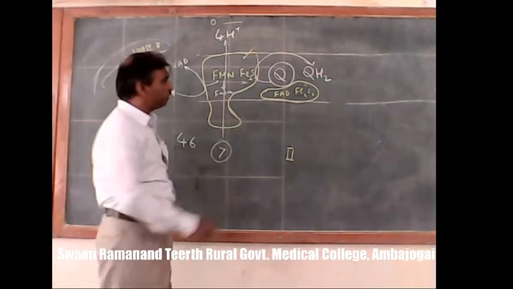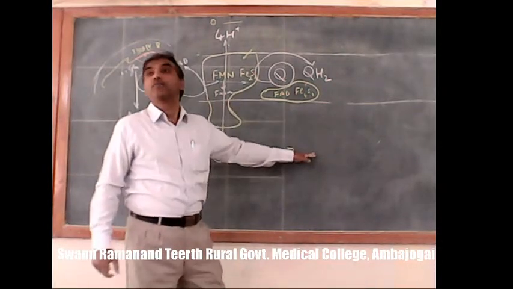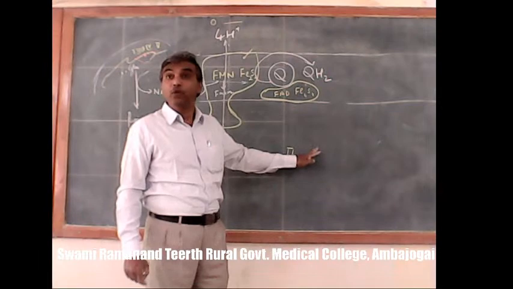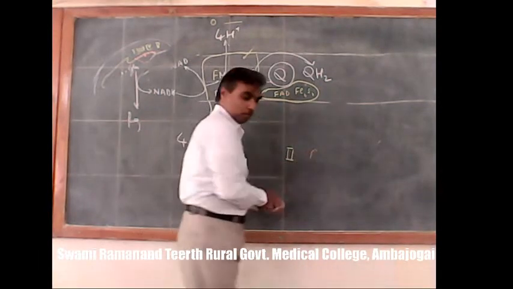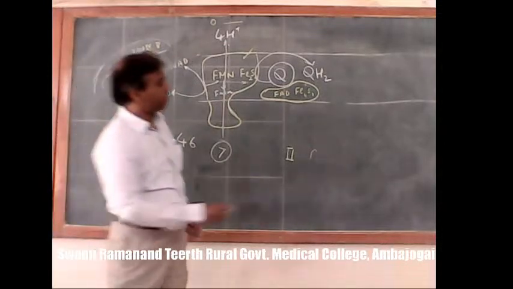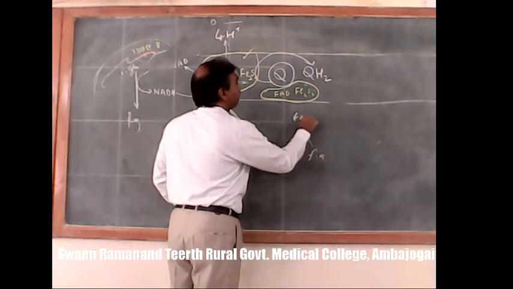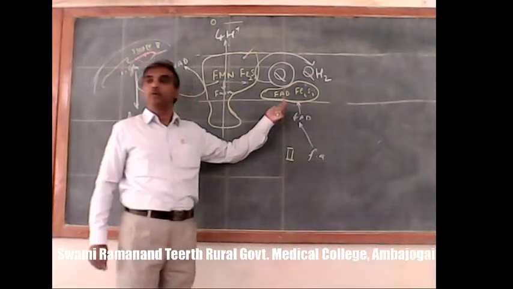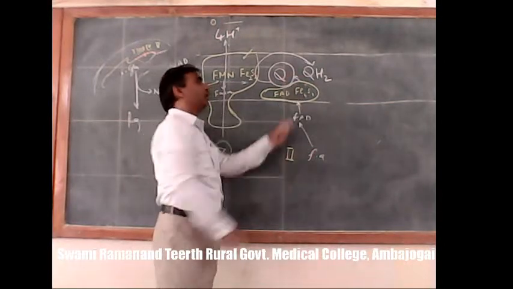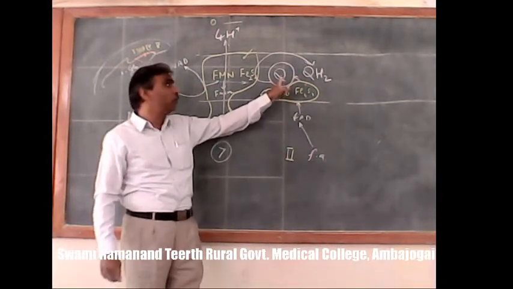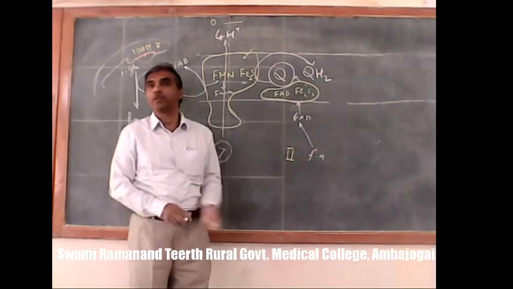What is the role? Same, that from substrate like glycerophosphate or from acyl CoA, that is fatty acid, FAD to complex 2, and from complex 2 the reducing equivalents are given again to coenzyme Q and converted into QH2.